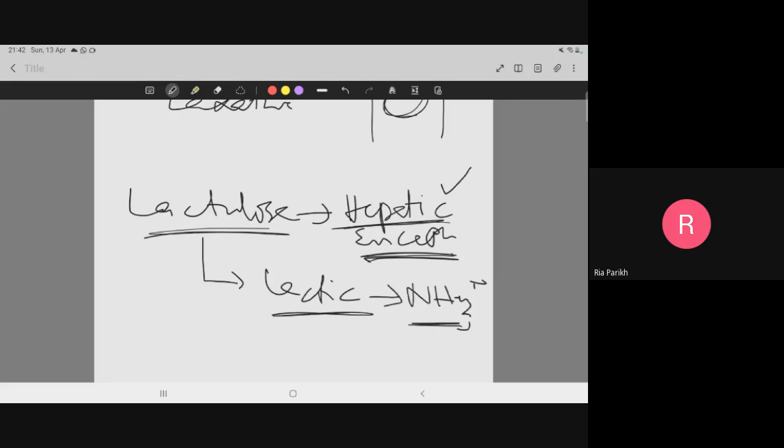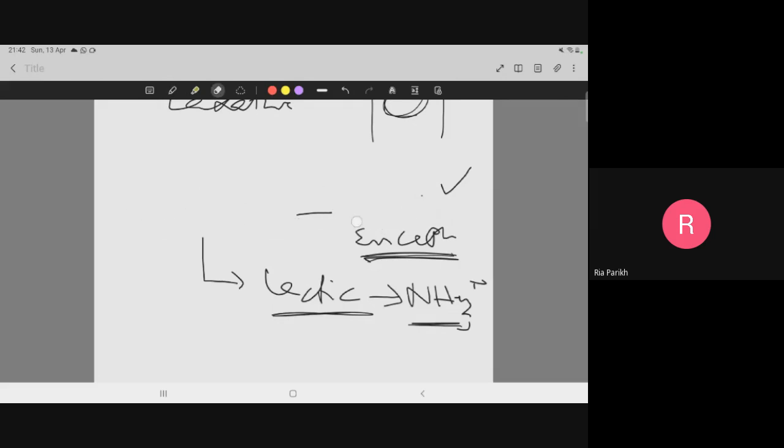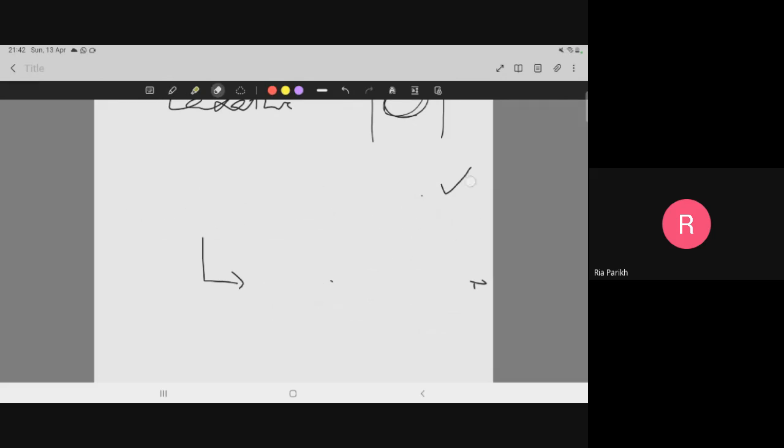This is all about your osmotic laxatives. Then we have other ones that are bulk laxatives, or bulk forming laxatives. These are like fiber sitting inside your gut lumen that pulls in more and more water.